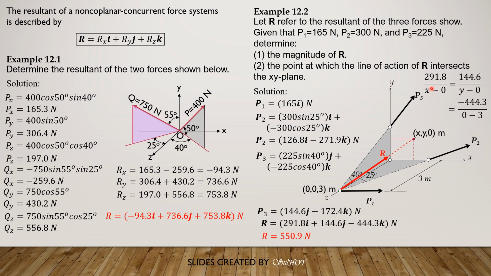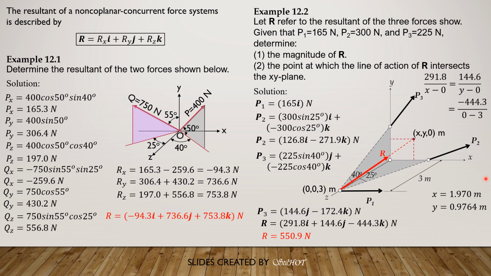Solving for x, because this ratio is positive, x is 3 times 291.8 divided by 444.3. So x is 1.970, while y is 3 times 144.6 divided by 444.3, so y is 0.9764 meters.